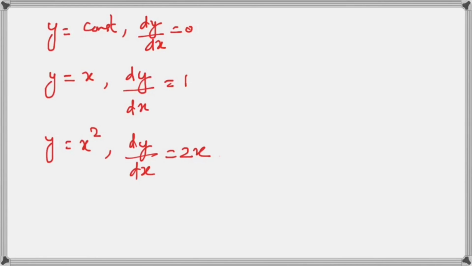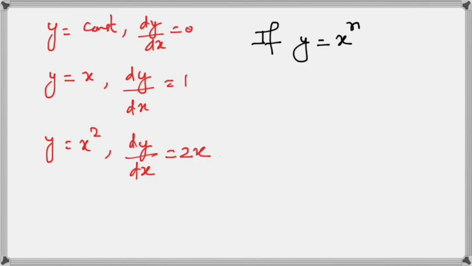Therefore we need a method to quickly calculate the value of dy by dx, or the derivative of a function with respect to another. So here is a simple formula. If y equal to x raised to the power of a number n, which could be an integer, a fraction, a negative number, anything.